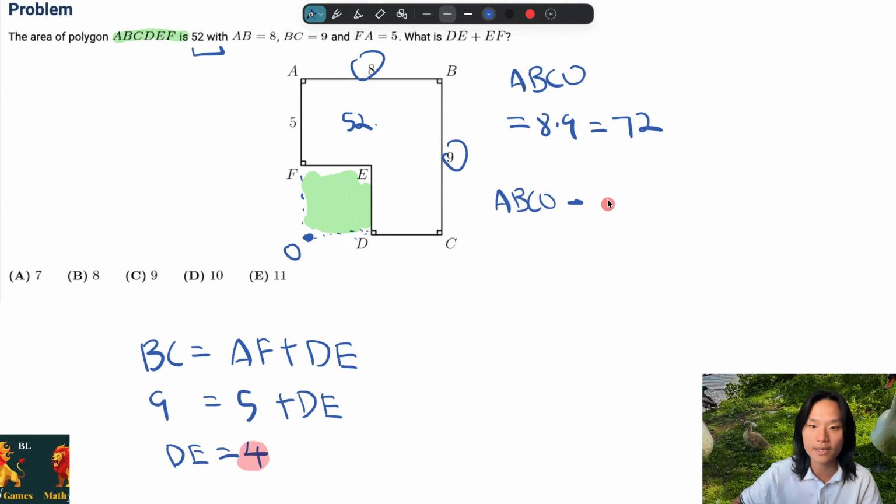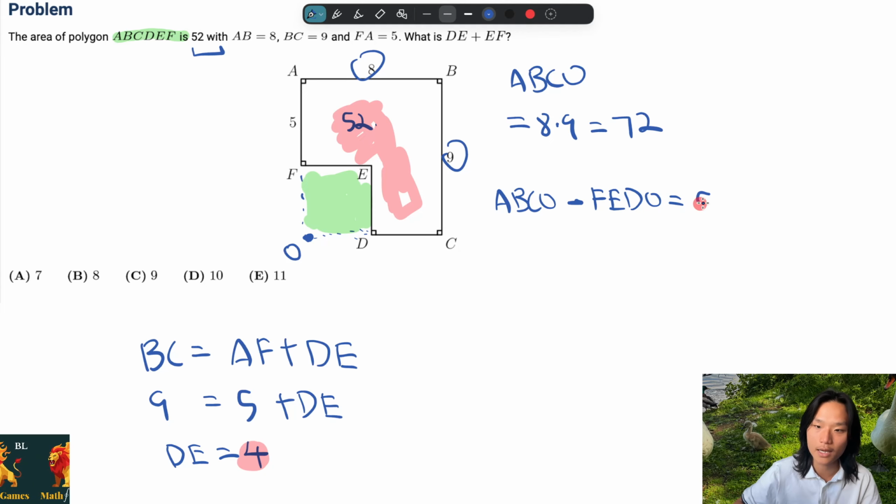If we take away the area of FEDO, then that is just the shape of the given polygon, which has area 52. Okay, so this is the 52-bit, like that. Now we know the area of ABCO is 72, which we found above.